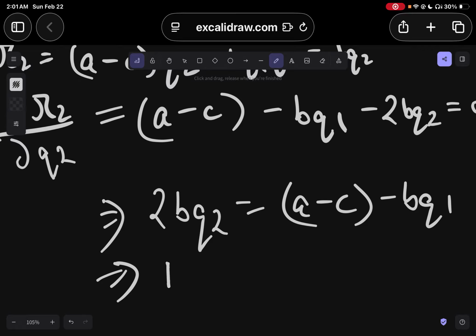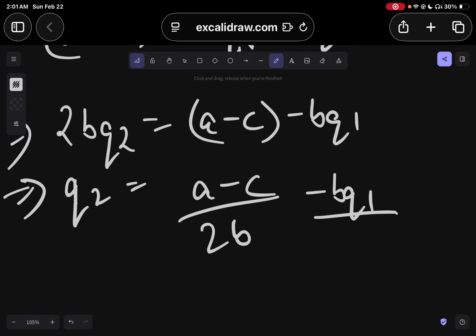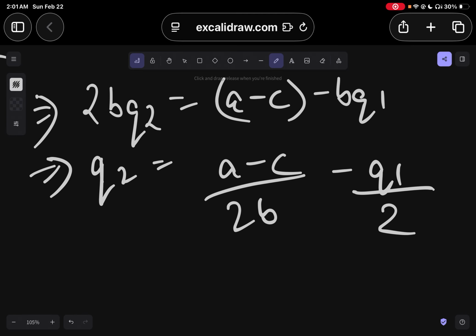Then Q2 will be equal to A minus C upon 2B minus BQ1, and B will cut, so it will be Q1 by 2.